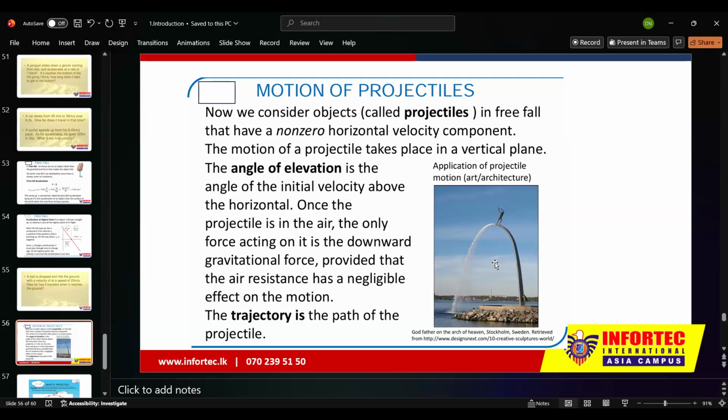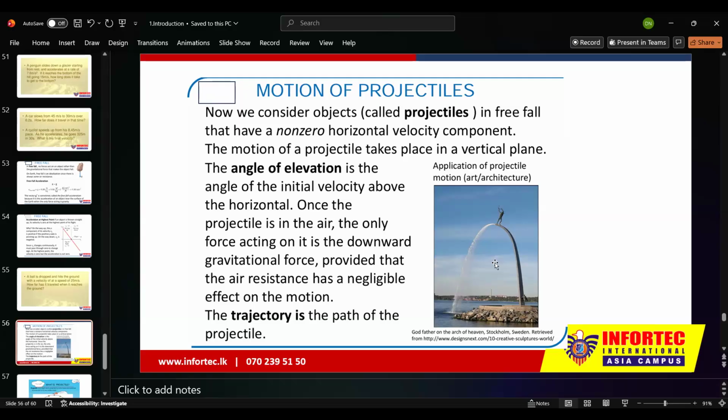Then the velocity can change in the vertical component due to gravity, right?